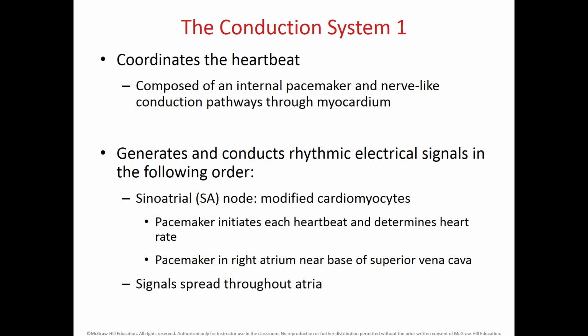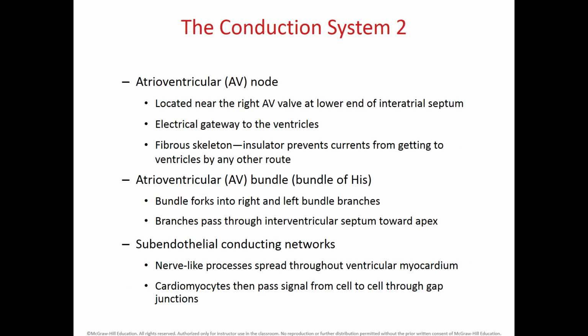From there, the SA node will spread the action potentials into the atria, and then the excitation will reach the AV node. The AV node is located at the top of the interventricular septum, and then from there, the AV node will extend some fibers that are known as the AV bundle or bundle of His, atrioventricular bundle.